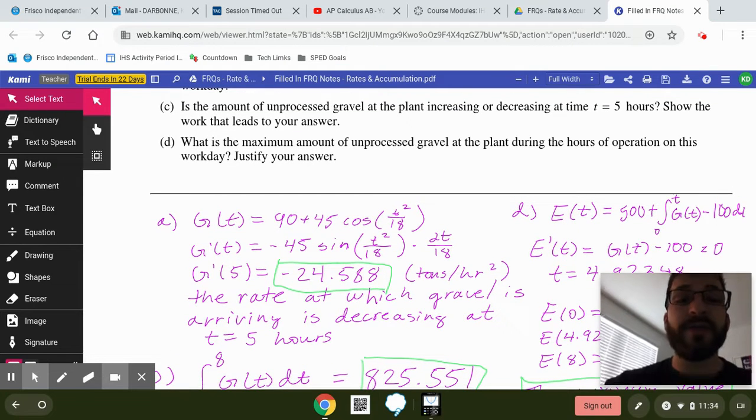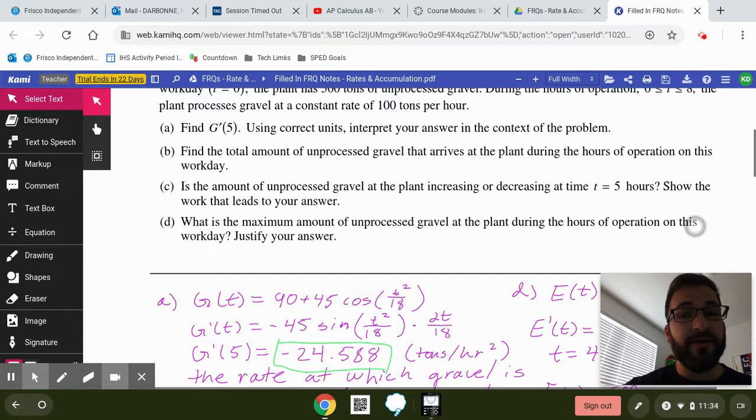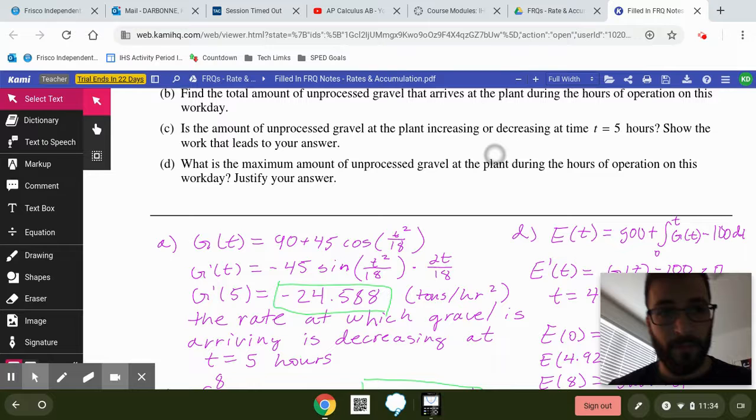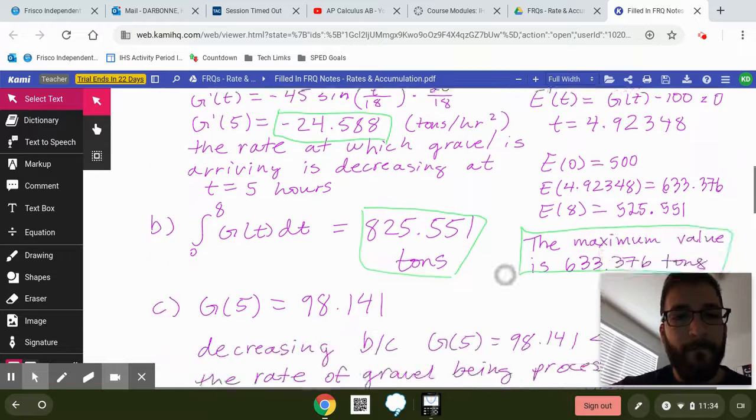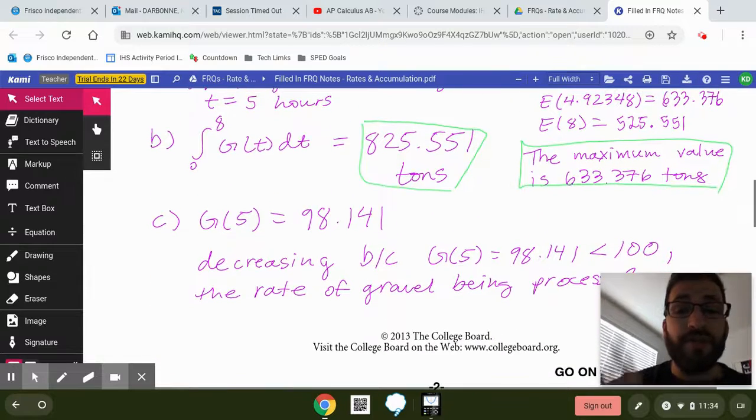So now since we wanted to find out if the rate is increasing or decreasing, consider both. And then we compared those two to each other.